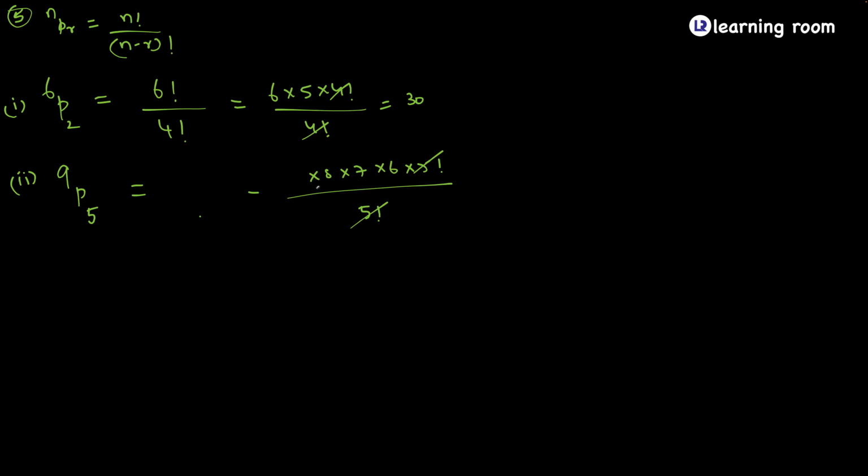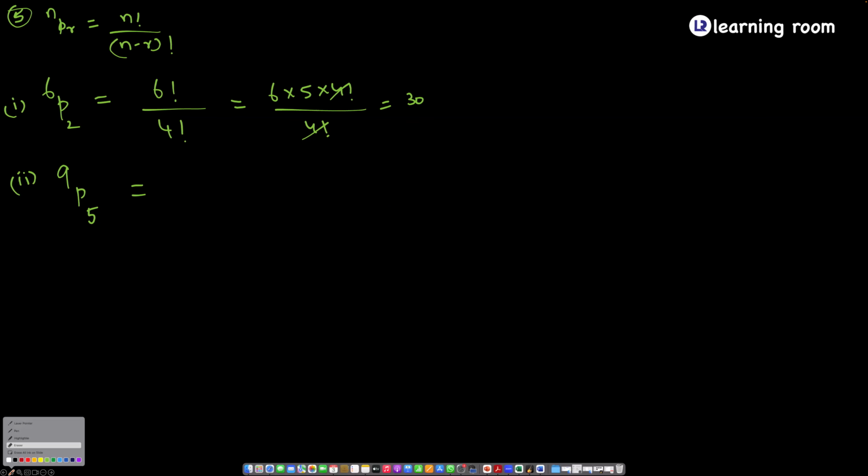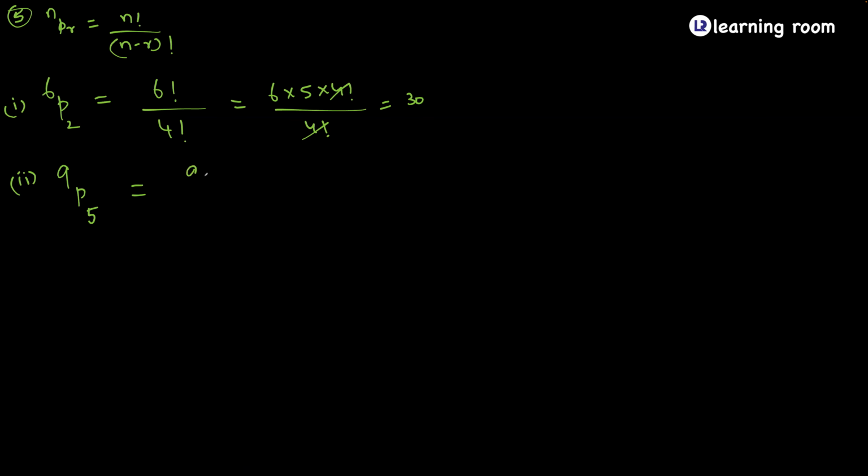Correction. So it is going to be 9 factorial divided by 4 factorial. So it will be 9 into 8 into 7 into 6 into 5 into 4 factorial divided by 4 factorial. Cancel these two.